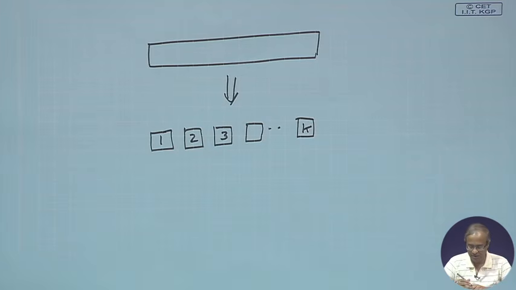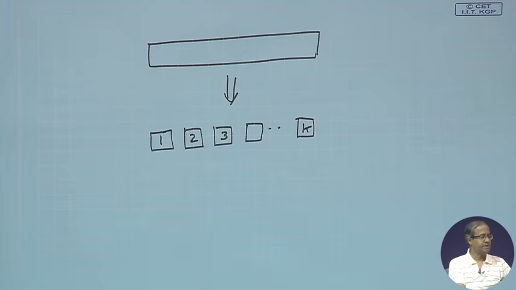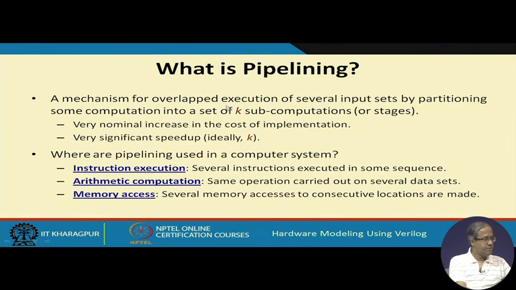This is the partitioning. In this kind of partitioning, the cost of implementation does not increase appreciably, very low increase. But the speed up can be very significant. It will almost be equal to k, the number of partitions into which we have divided the computation.